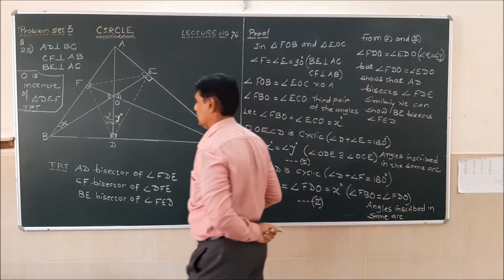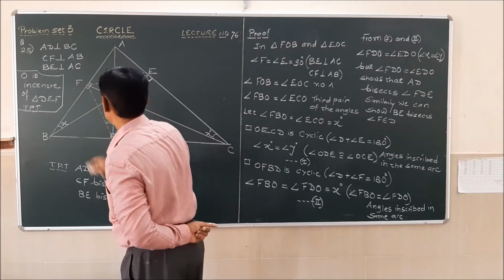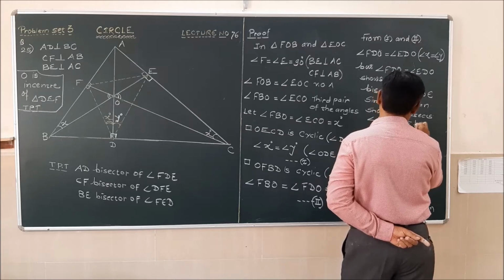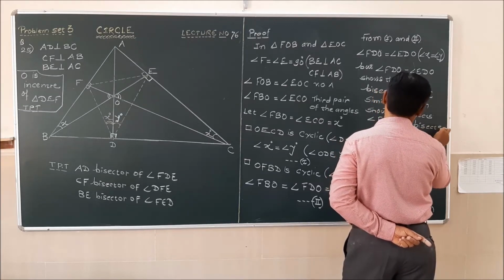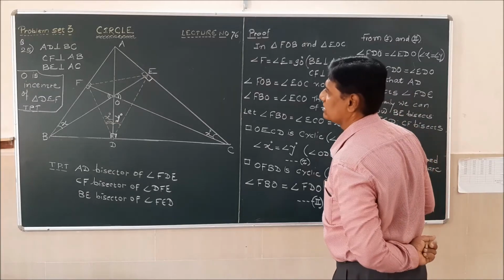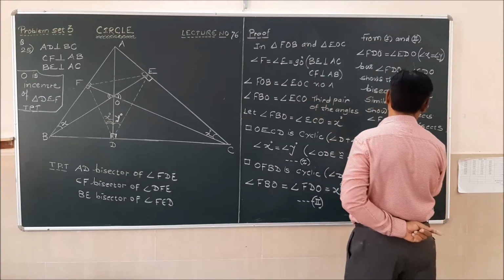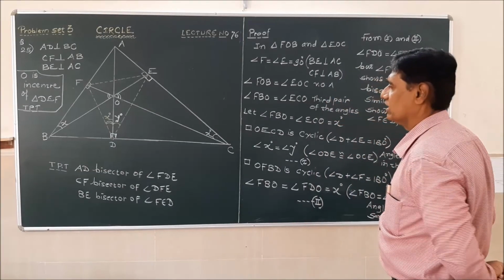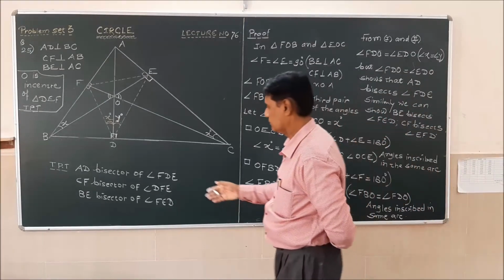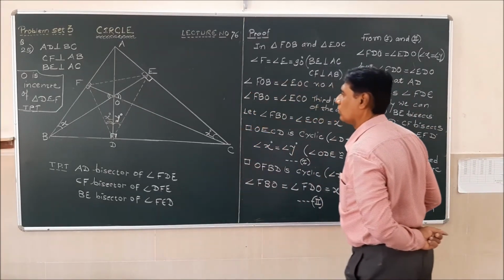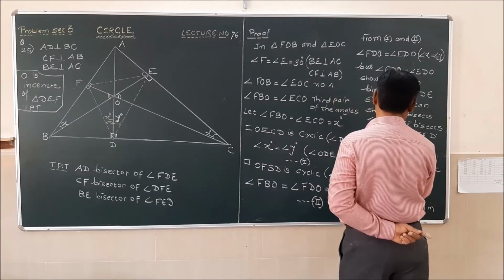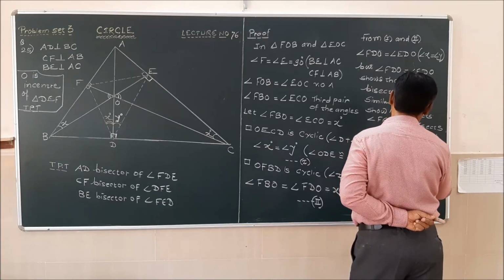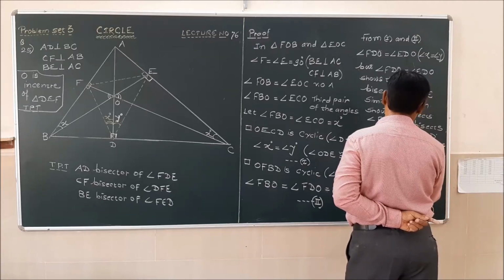And CF bisects angle EFD. Similarly, we can say, right? That is what it is. Therefore, O is the incenter of the triangle.